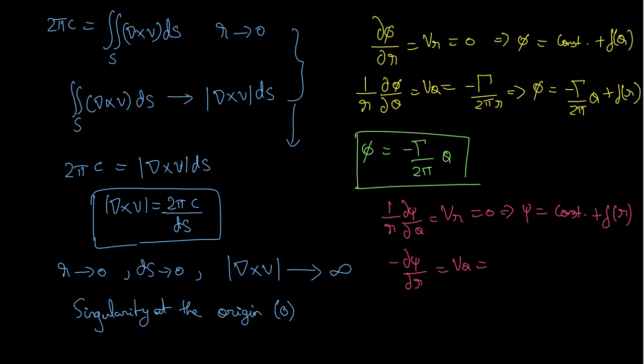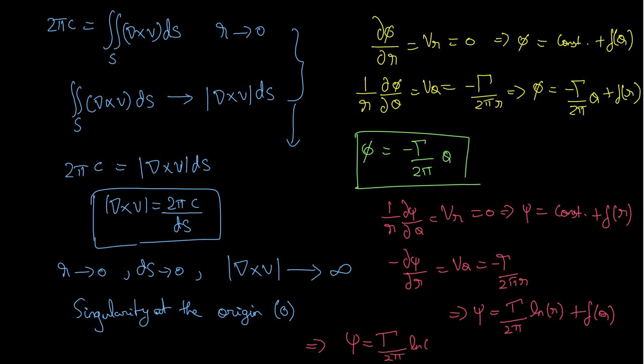We know v_θ is minus Γ/(2πr). If I integrate this, I'll get ψ to be Γ/(2π) times the logarithm of r plus some function of theta. So from these two equations I can say that my ψ, the stream function for a vortex flow, is given by Γ/(2π) times ln of r. So these two are the important results that we have.